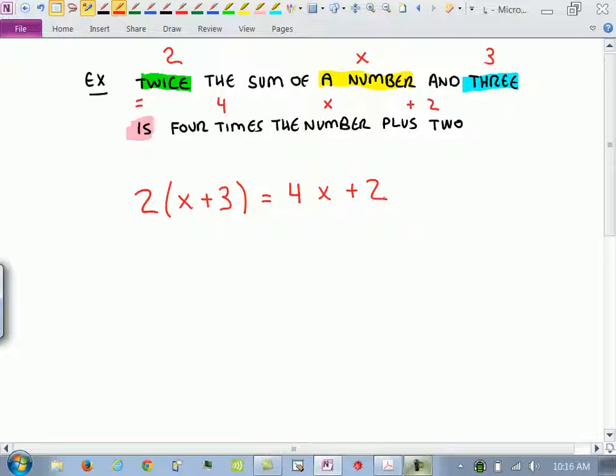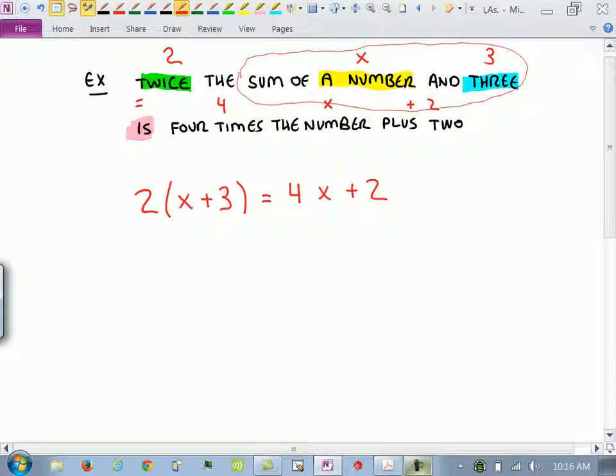The part that makes you have to use parentheses on the first is because they say twice, twice what? Twice a sum. On the bottom one, it says 4 times what? A number. It doesn't say 4 times the sum of a number and 2. It says 4 times the number and then plus 2. Do you see how distinctly different that is now?